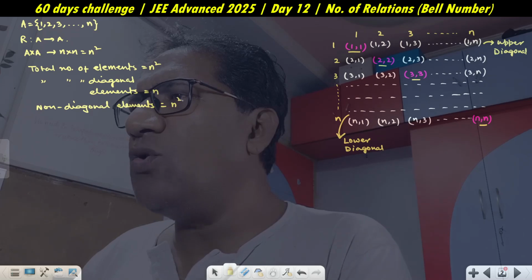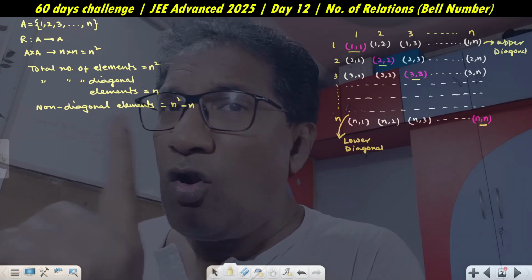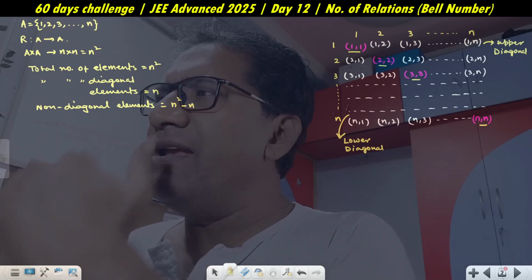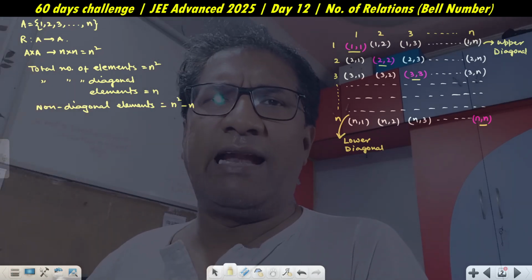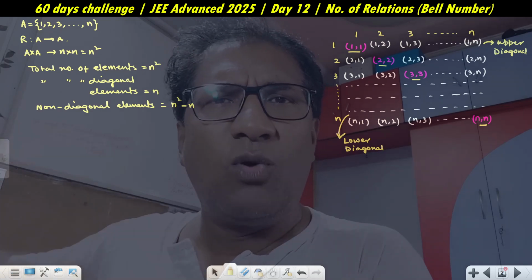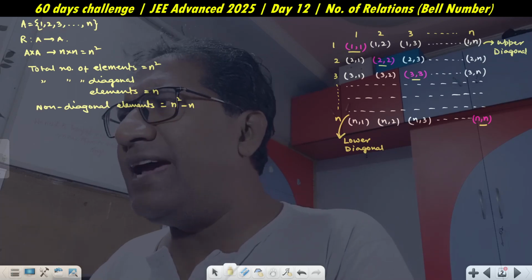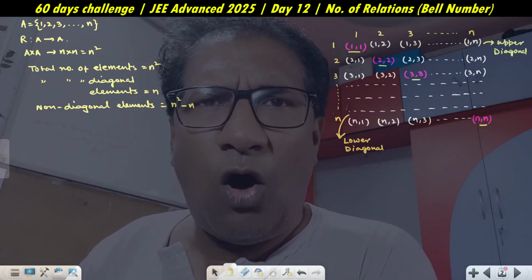It is equal to n square minus n. Moreover, how many elements are there in the upper diagonal or in the lower diagonal? Because the number of elements in the upper diagonal and lower diagonal are the same. So how many elements are there in either the upper diagonal or the lower diagonal?